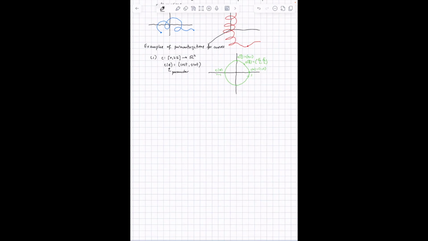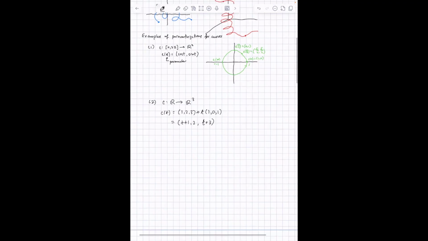Here is another example. Say C goes from R to R3, given by C of t equals 1, 2, 3, plus t times 1, 0, 1. And you can also write this as t plus 1, 2, and then 3 plus t. So in this case, we have a 3-dimensional setting.